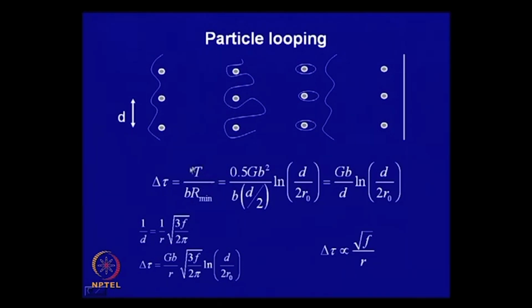If you substitute an expression for T, it is usually roughly proportional to 0.5 Gb squared times ln(d/b), where d is the precipitate spacing.